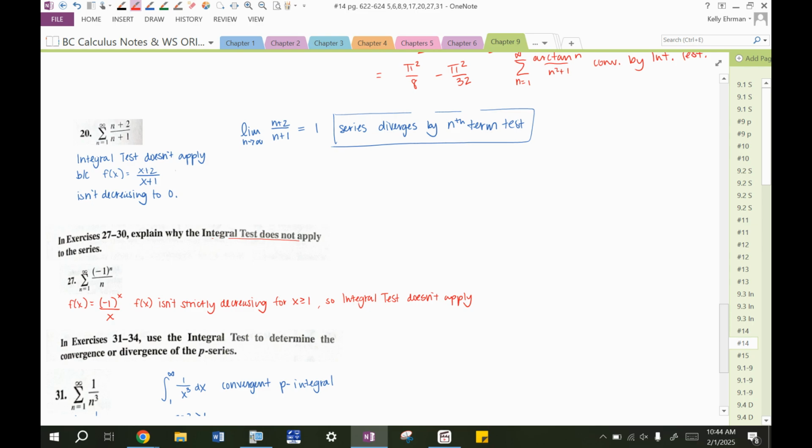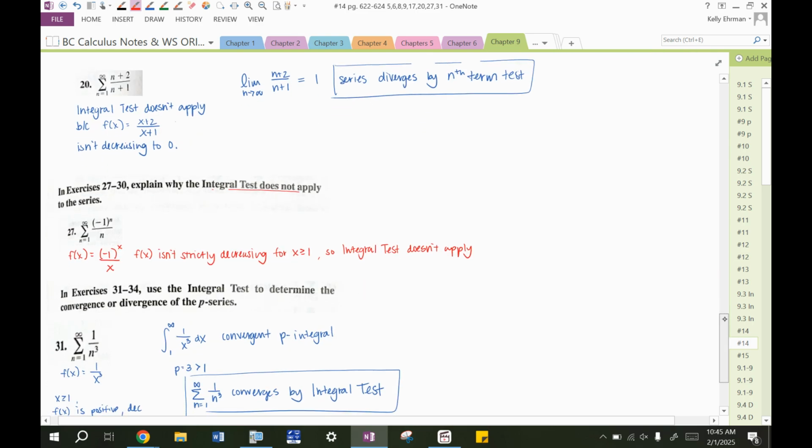So the terms are positive and they are continuous, but this is not decreasing to 0. The limit as n approaches infinity is equal to 1. So even though those terms are decreasing toward 1, they're not decreasing to 0. And that's the first requirement before you do any other test. So really this series diverges by nth term test because the integral test doesn't apply.